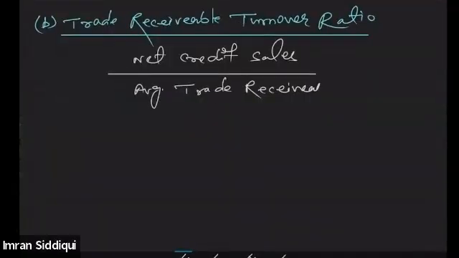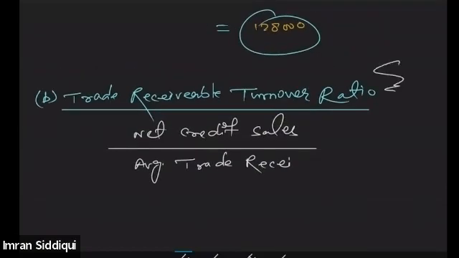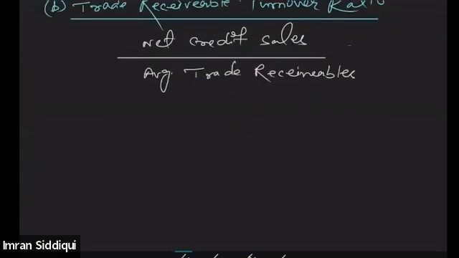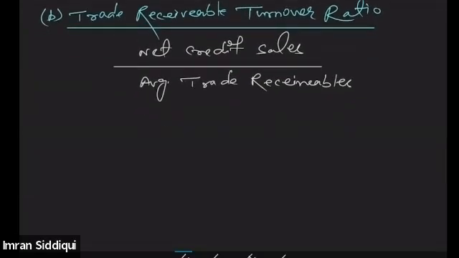Just a second. Receivables. Net credit sales divided by average trade receivable. This is the formula.